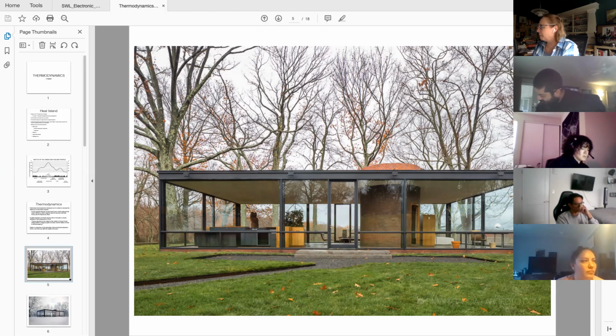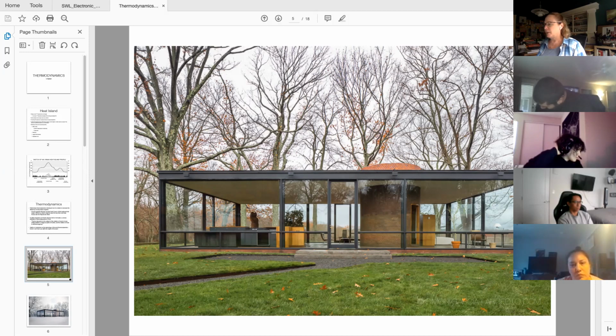Now, it is a pure glass box, flat roof, pretty much not relating to anything to do with the climate. This photo looks like it's from the fall. How do you think it would feel to be inside this building given the fall conditions? Exposed.